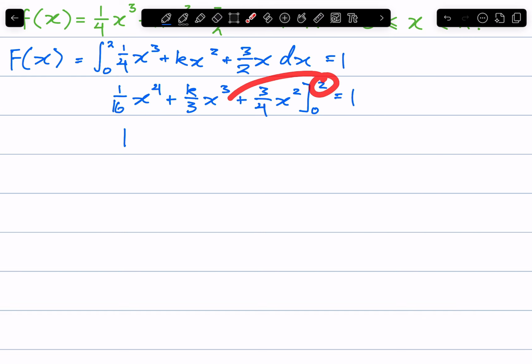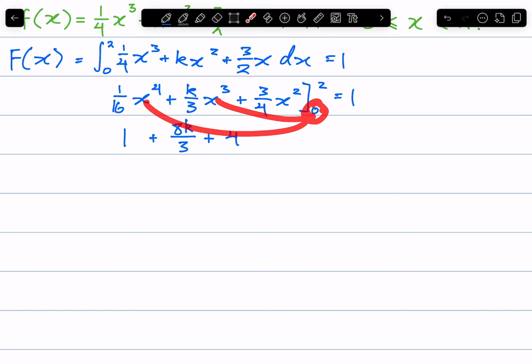Substituting 2 into this will give me 8 on 3, which gives me 8k on 3. And lastly, 3 on 4 times 2 squared. This gives me 4, and that's the substitution of 2. I could show you the substitution of 0, but I hope you can see it'll just be all of this minus 0, equaling 1 still.